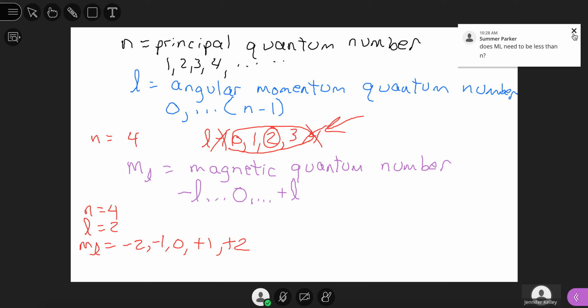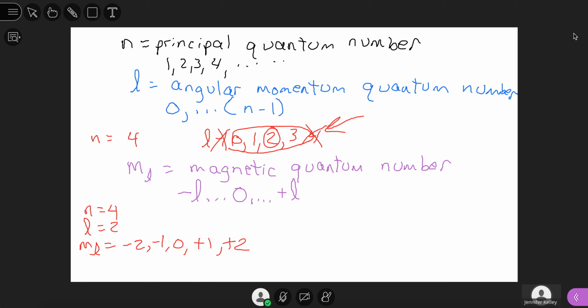Yeah, I think it's a typo. I'll have to look at it more closely, but I'm pretty sure it's a typo. Yeah, ML can be negative or positive as long as it doesn't go below negative L or above positive L.